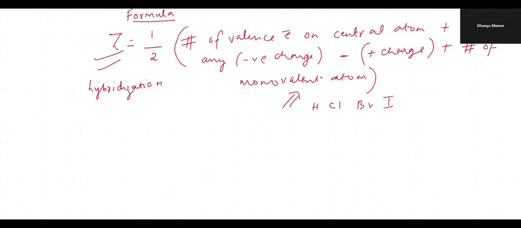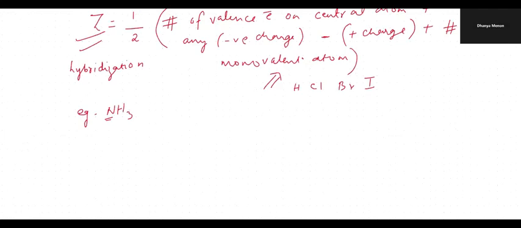For example, ammonia. Now, nitrogen is the central atom. Atoms less in number is the central atom, right? So Z is equal to half of the number of valence electrons on the central atom.